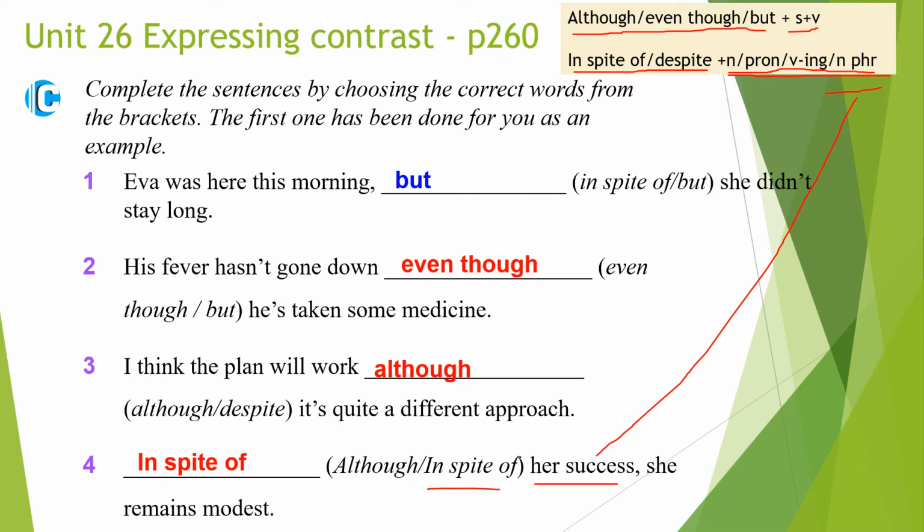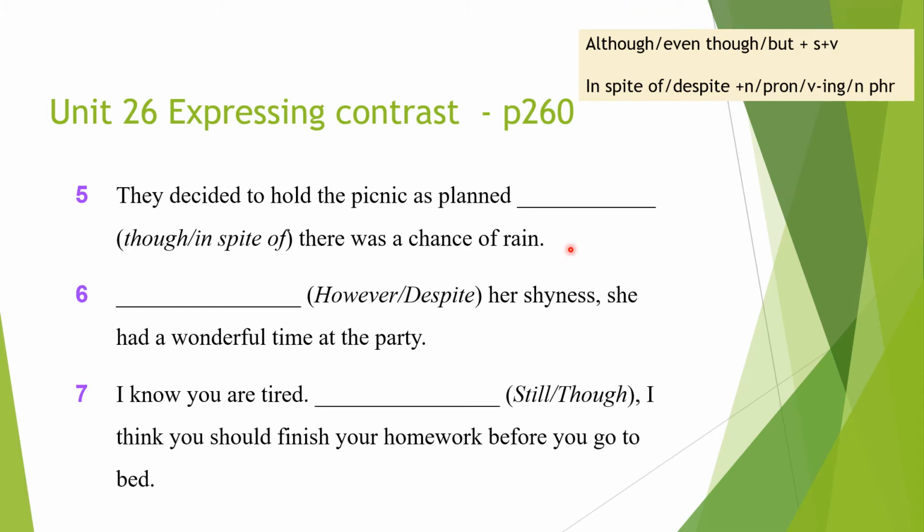Now let's try the next slide. Let's continue with question number 5. They decided to hold the picnic as planned, though or in spite of there was a chance of rain. You can see that there was is subject verb.